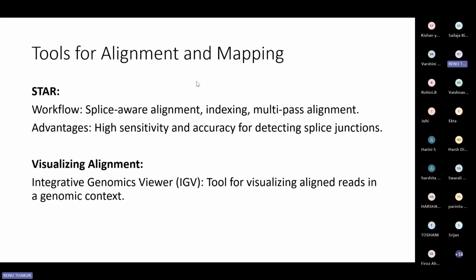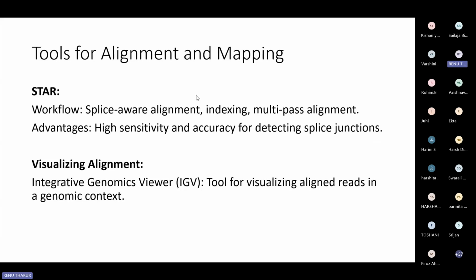So there are other tools where you can visualize the data and make it more presentable in a graphical form. One of the tools is IGV, where you can visualize the aligned data, the aligned sequence reads, and go through it.